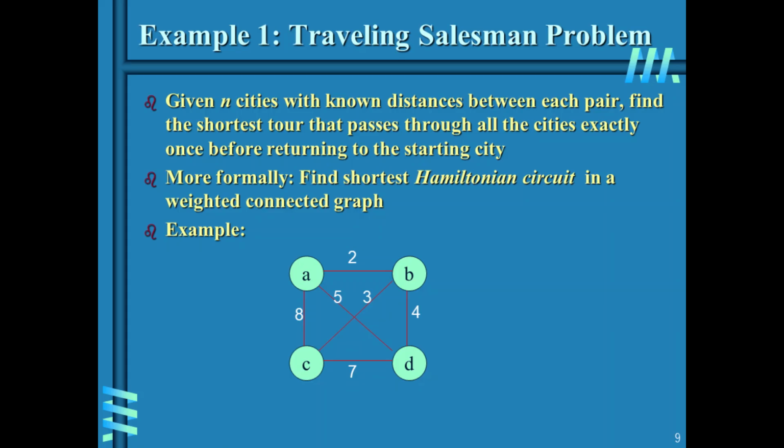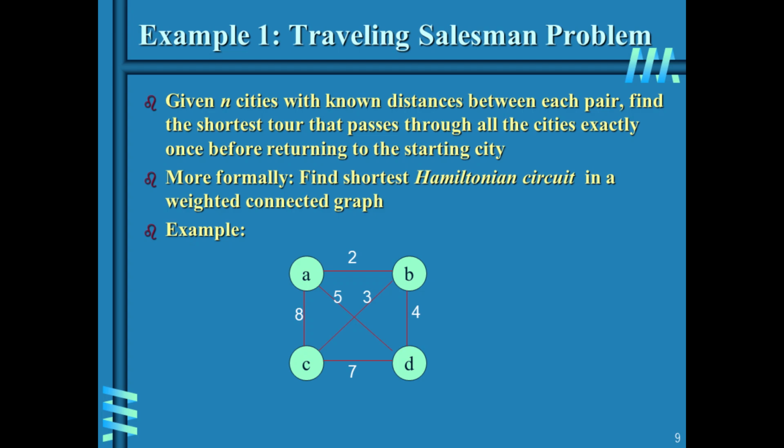Here, the graph vertices represent cities and the edge weights represent distances. The problem is to find the shortest Hamiltonian circuit for a given graph. So what is this Hamiltonian circuit? It is a cycle that passes through all the vertices of the graph exactly once.